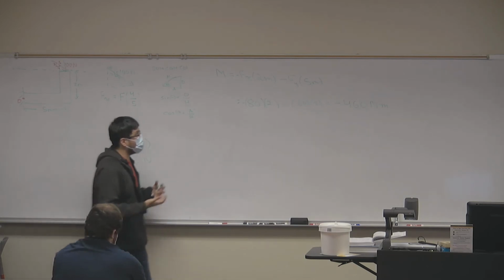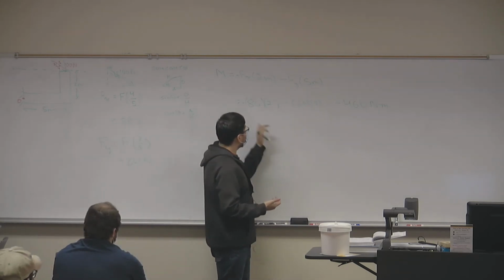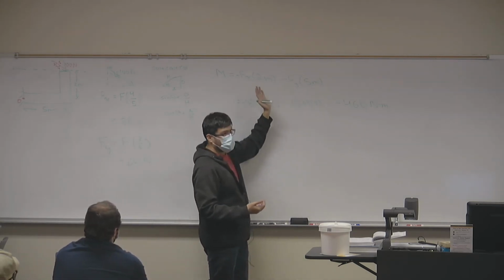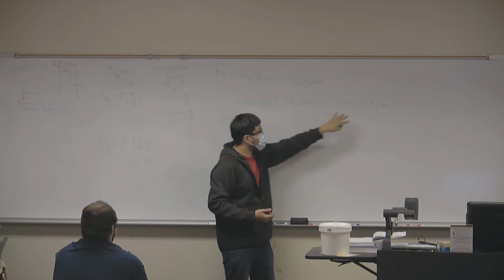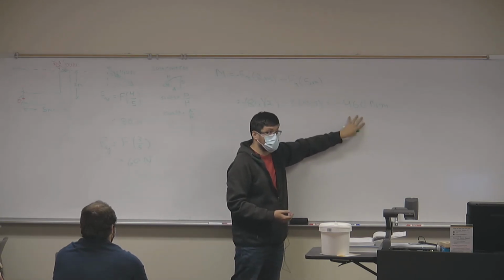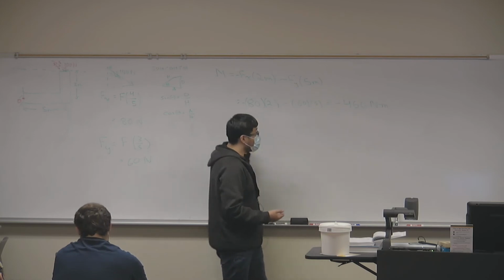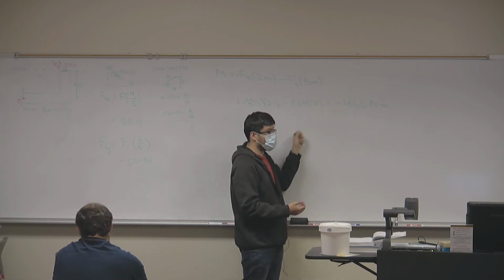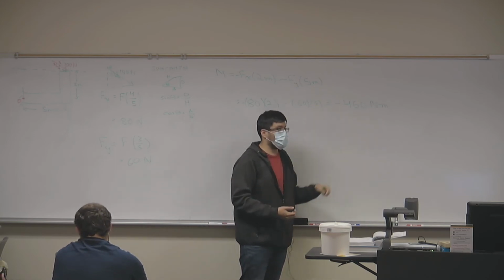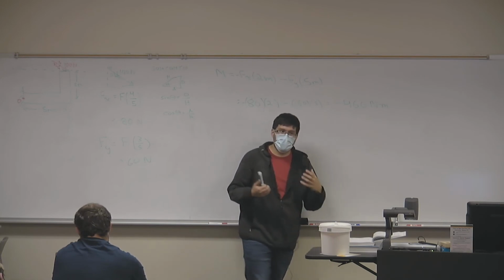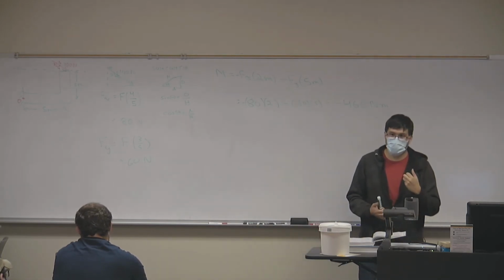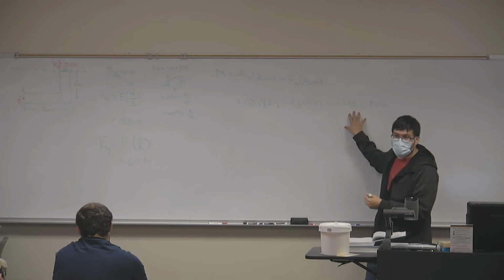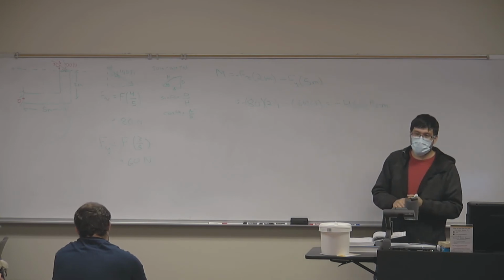And if you get it wrong, you'll still get the right answer, right? If you were to forget about it and just have both of them positives, this would still be 460. So the numbers will still be right. And because you set your positive as clockwise, then you'll know that it's 460 clockwise. If you want to remove any semblance of doubt, always tell me which direction you are setting as positive.